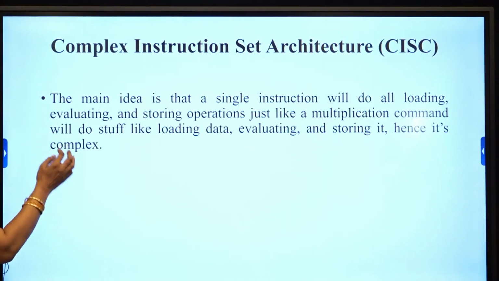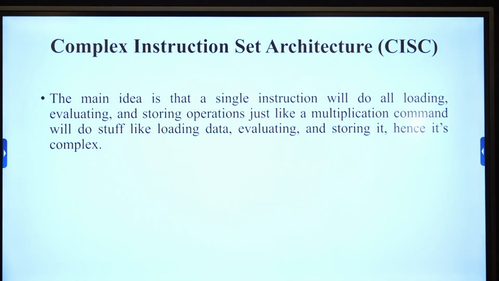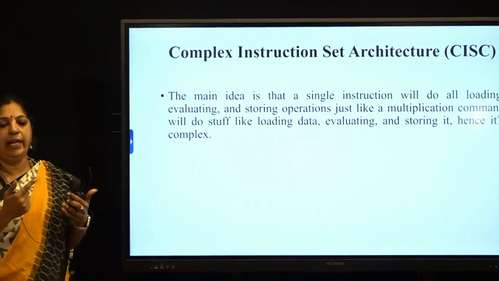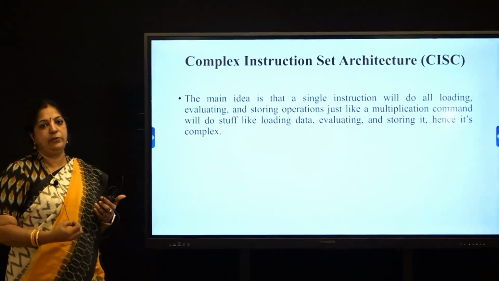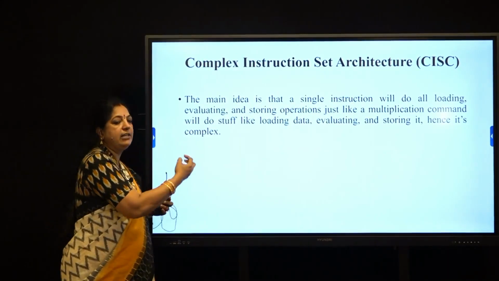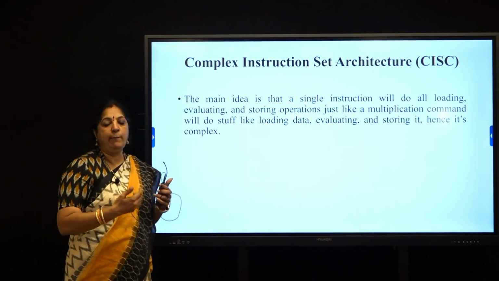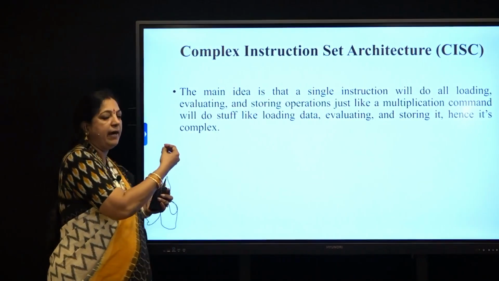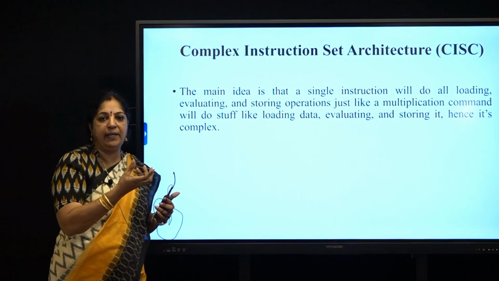Now let us see the complex instruction set architecture, that is CISC. Here the main idea is just the opposite of RISC. In RISC we are doing simple instructions; here we are dealing with complex instructions. Take for example multiply in programming.